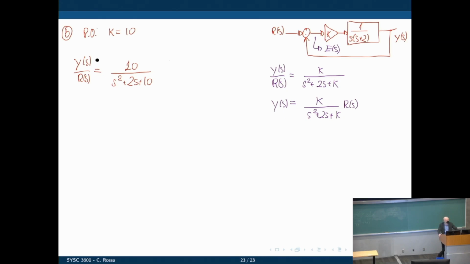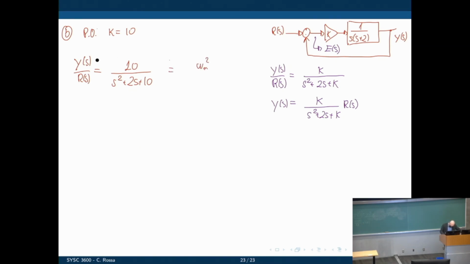Yes, that's a different question though, right? Here we just want to know what happens if K is 10. If it turns out that the damping ratio is not smaller than 1, then we have no overshoot.